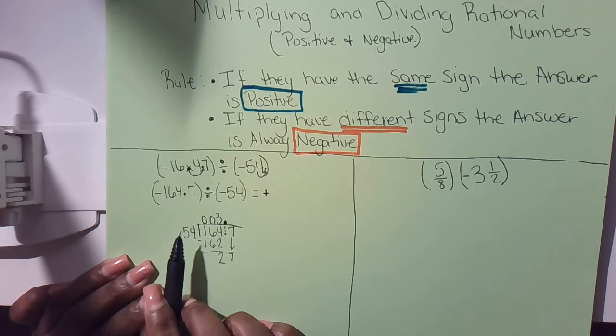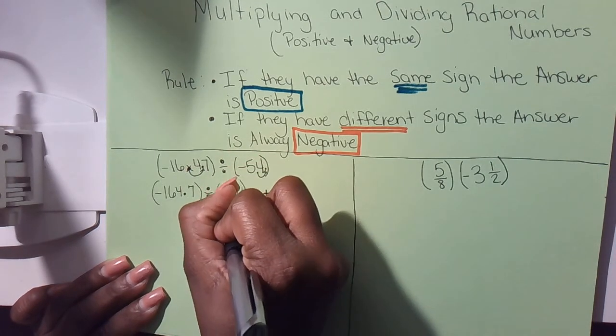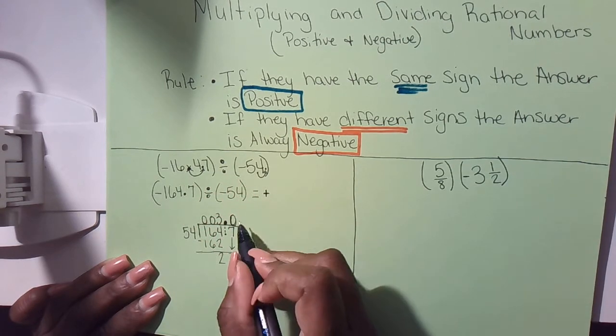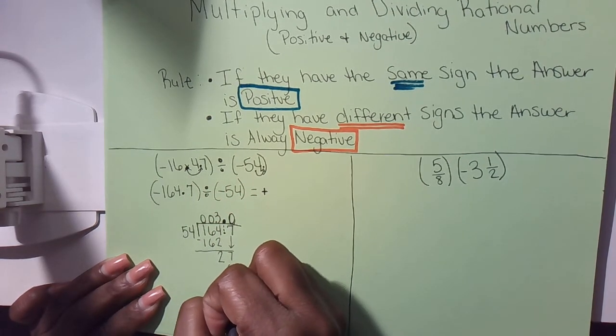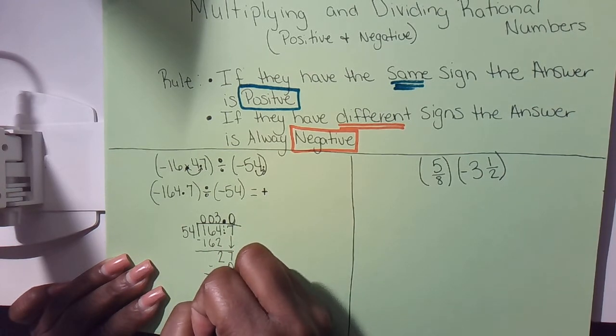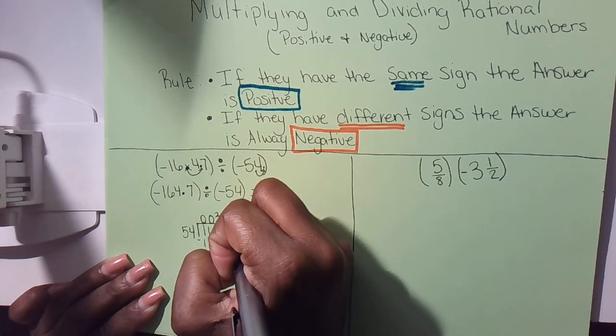Well, 54 can't go into 27 any amount of times, so I'm going to go ahead and write a 0. And once I multiply that 0 times 54, that gives me 0. Subtract, and that leaves me with 27. Alright, but I'm making a decimal, so I can't leave it like that.